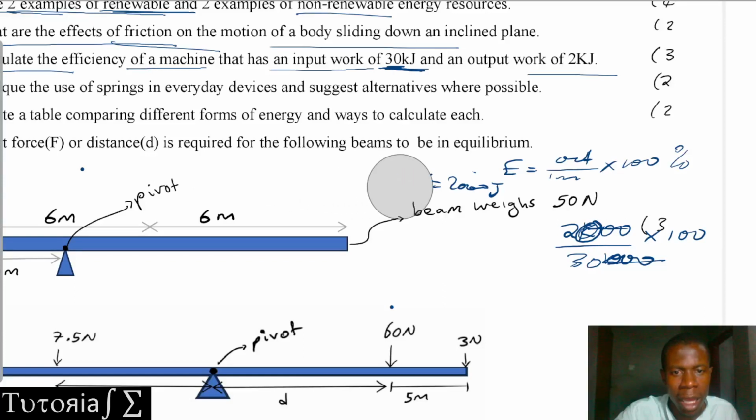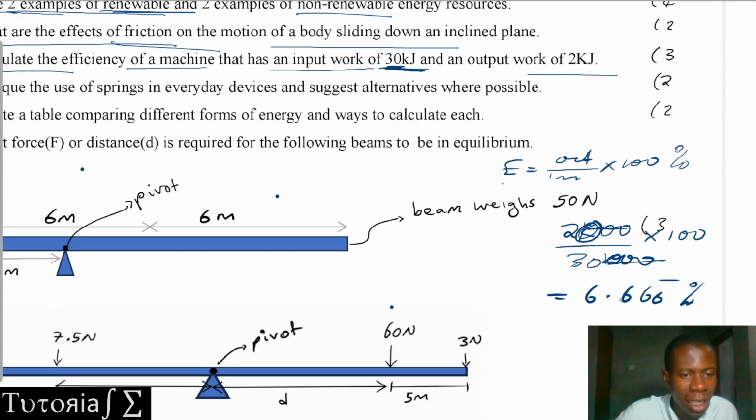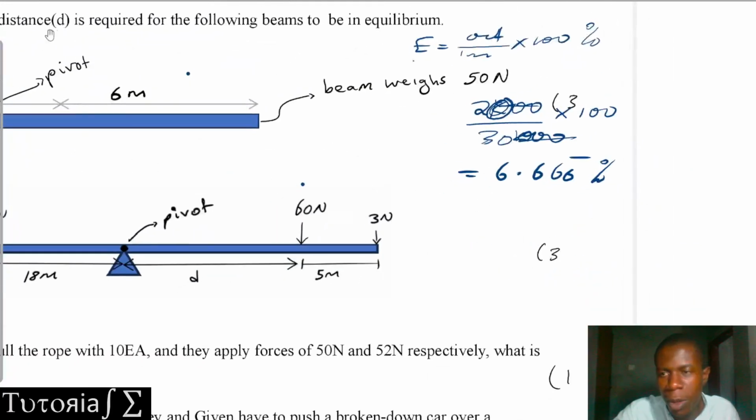So that is the conversion that we have made here, and we need to multiply by 100. So this gives us 6.66%, which can be approximated. So remember what I told you. I put a bar there because it is repeating. So this can be approximated as 6.67%. Right, so that is the efficiency.